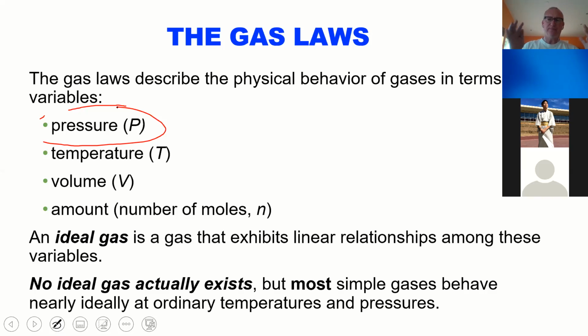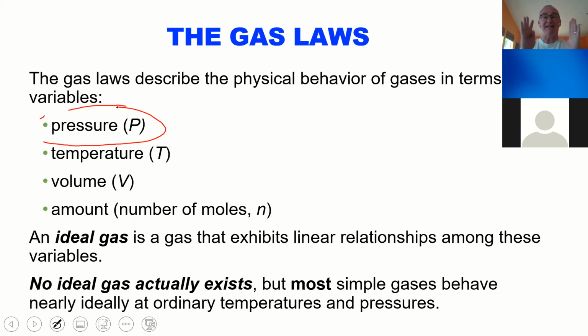So since gas molecules are moving so quickly, when they hit each other, it doesn't really result in a force against the sides of the container. So it's actually the force against the sides of the container that results in pressure. And so when the gas molecules collide with the sides of the container, that results in pressure.